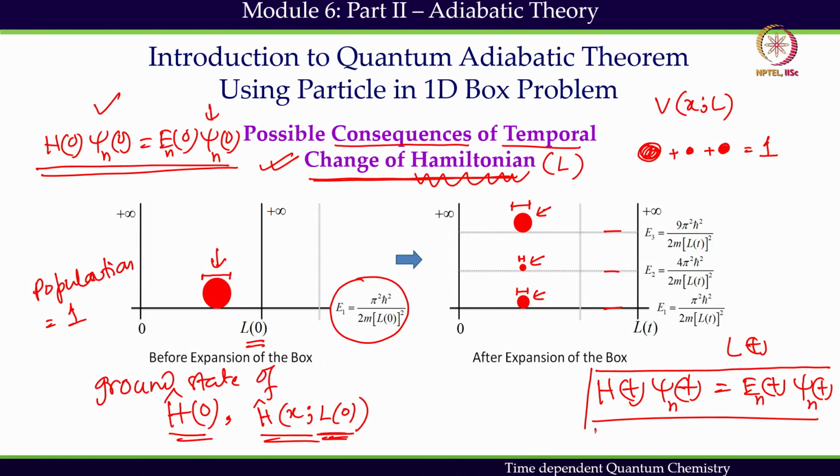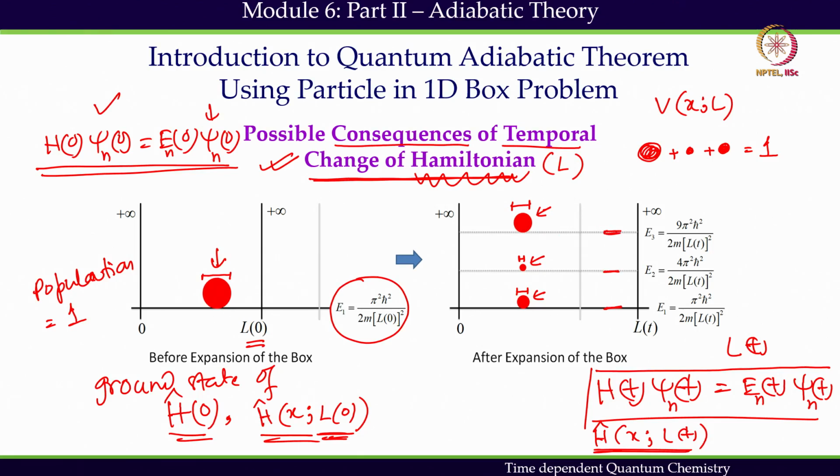So when I say final HT, more specifically it is actually H(x; L(t)). That's the Hamiltonian. So for this particular Hamiltonian, I'll be able to get different states, and it may so happen that these states are populated in a certain way.